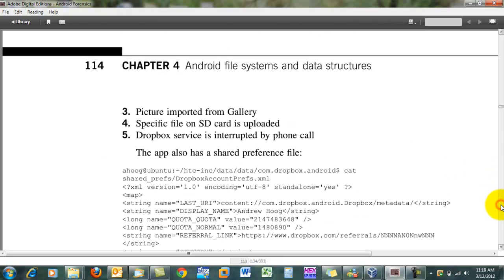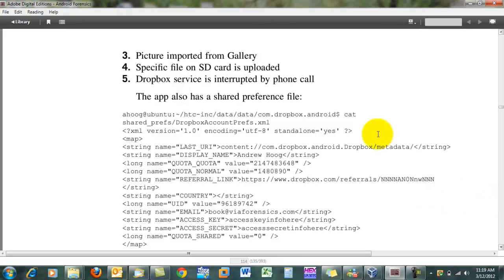The other thing we can see, if you look at the shared preference, is the name for this Dropbox. Of course, you can see things such as reference links. Of course, you won't see the password over here. You can see the email address of this Dropbox. So this is interesting data, another example from your shared preference.